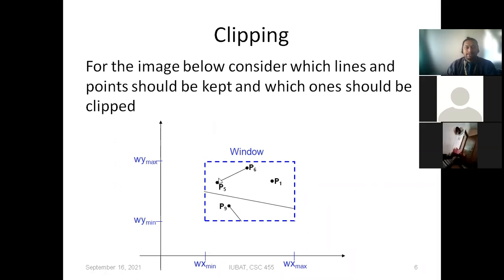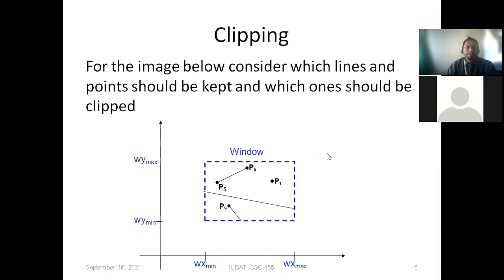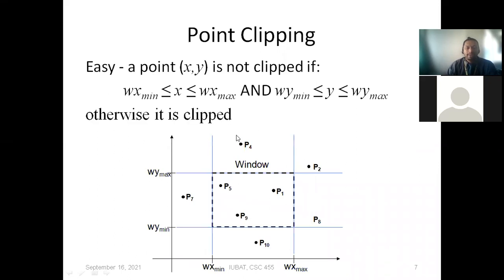Now to identify this, for point clipping, simply to say, those points whose coordinates are greater than or equal to wx minimum and less than or equal to wx maximum.